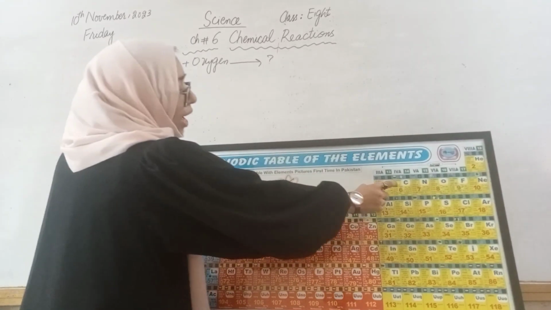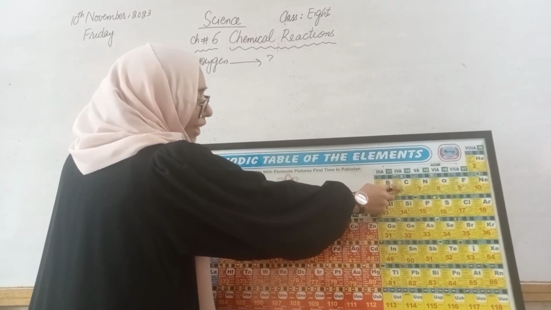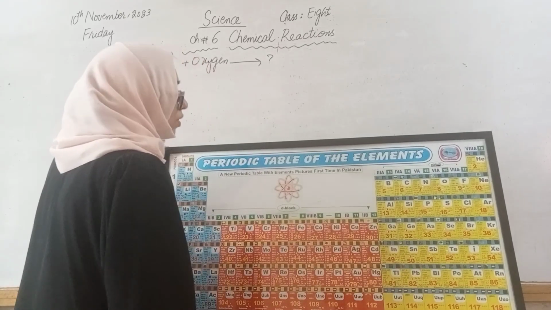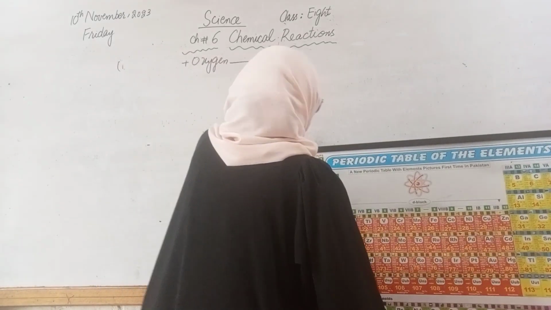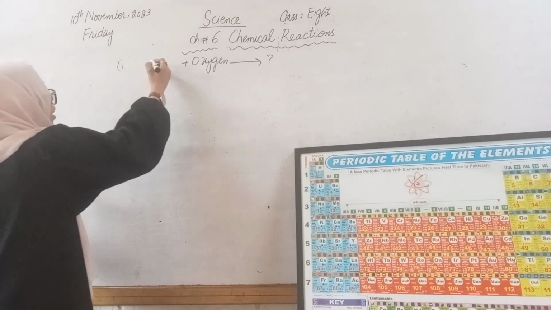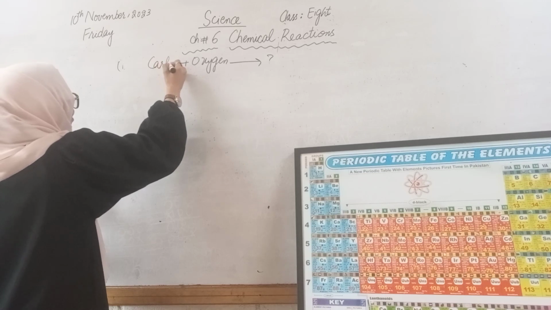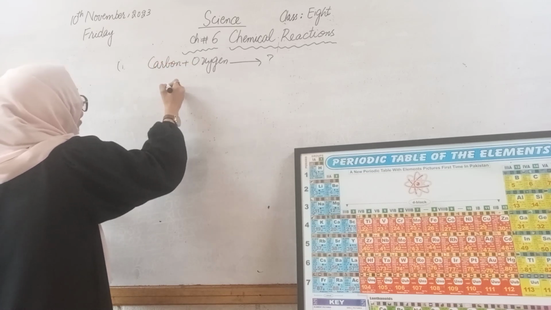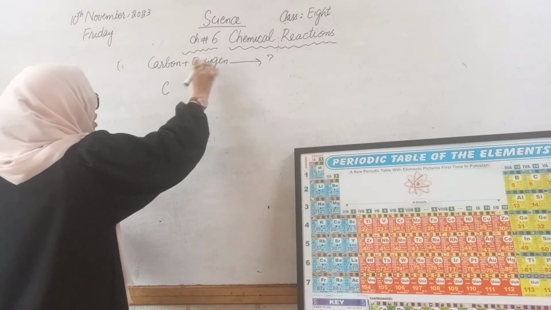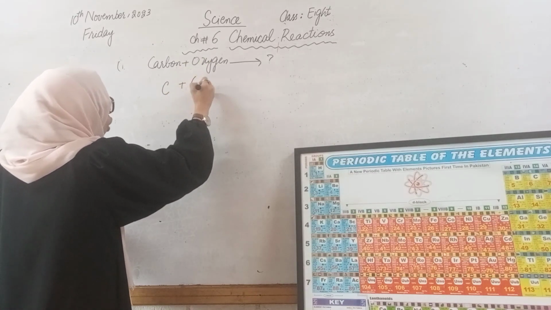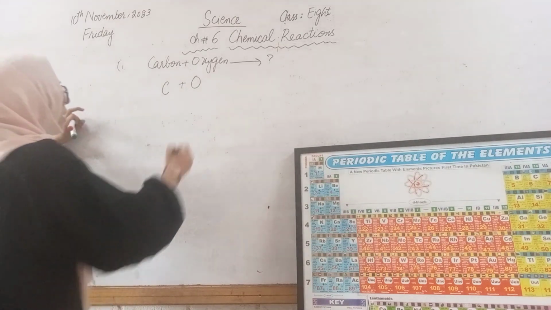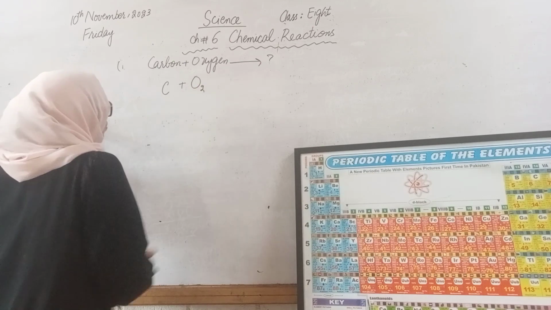Carbon has symbol C and it has charge +4. Oxygen has symbol O and it is a gas, so it is written in the divalent form.